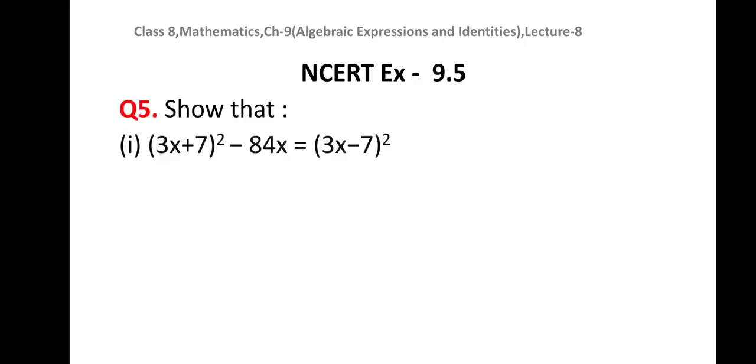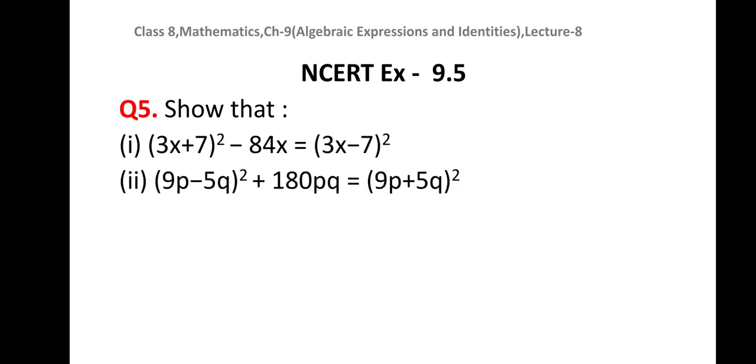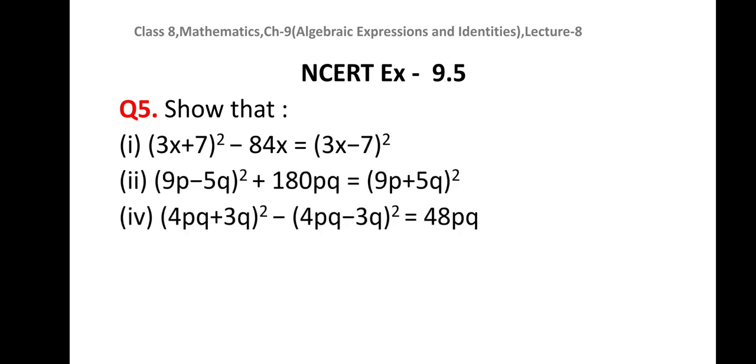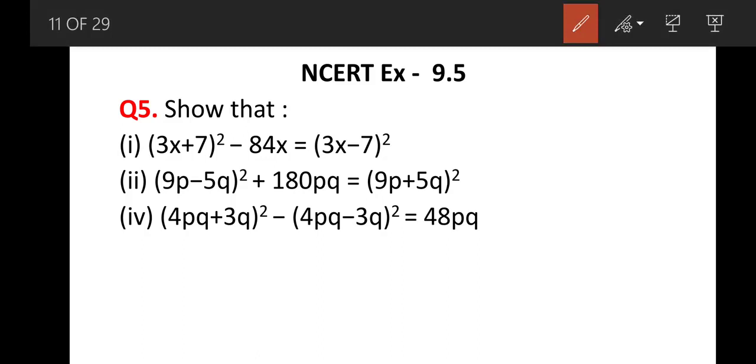Now I am explaining question number 5 of exercise 9.5 of the NCERT book. I will be discussing these 3 parts, and the rest 2 parts you will do along with the homework. In this question, you are supposed to verify or show that the left hand side is equal to the right hand side.